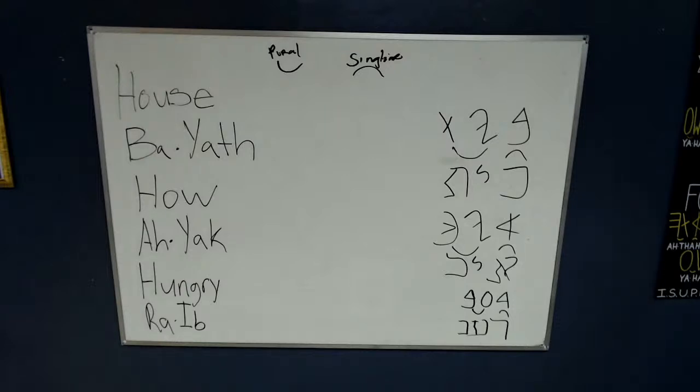House, bayas. How, ayak in the Hebrew, and then we got hungry, ra'ayb in the Hebrew.